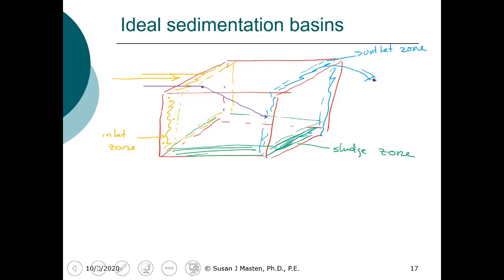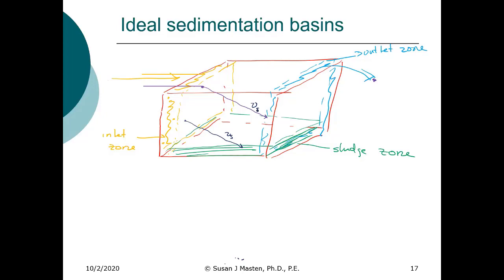On the other hand, we've got another particle. It enters here. It actually has the same terminal settling velocity. So notice the slope of both lines are the same. So the terminal settling velocity of both of these particles is the same. But the blue one is removed.